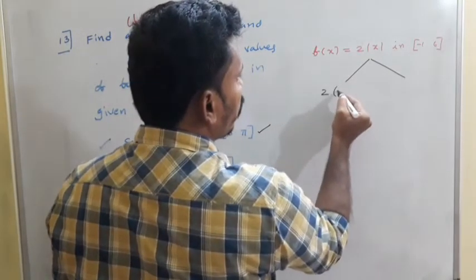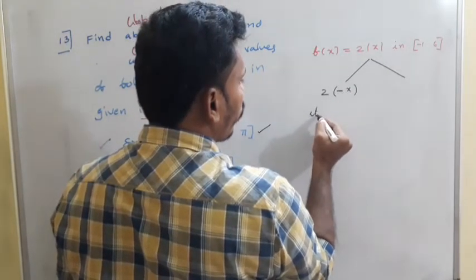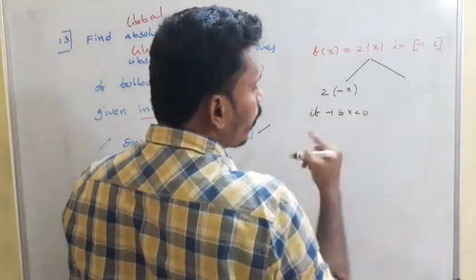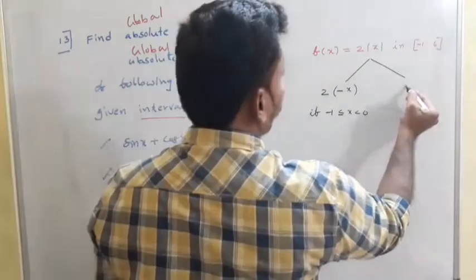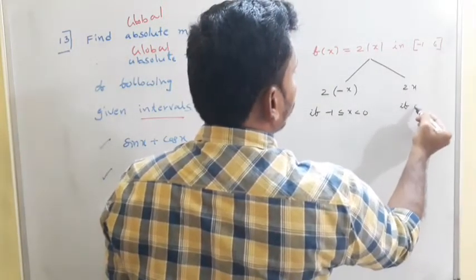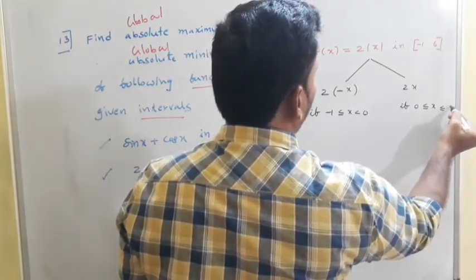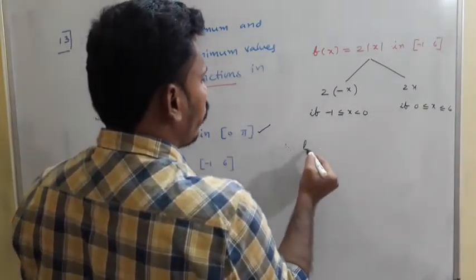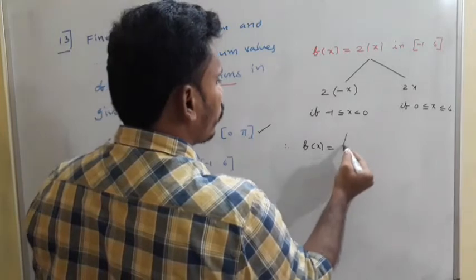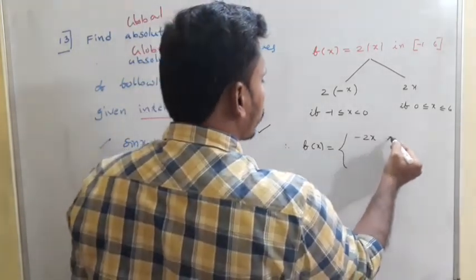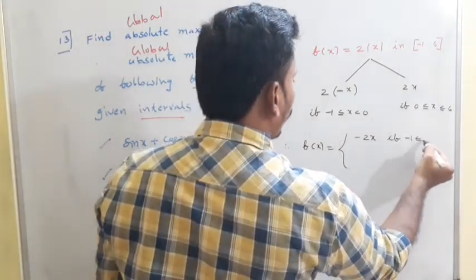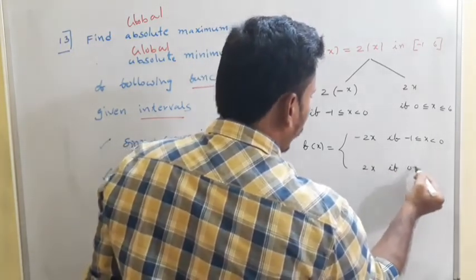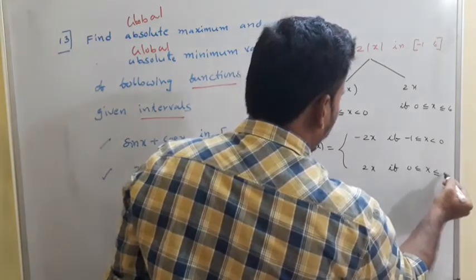So 2 into modulus of x is minus 2x if minus 1 is less than or equal to x less than 0, and 2x if 0 is less than or equal to x less than or equal to 6. Therefore f of x equals minus 2x if minus 1 is less than or equal to x less than 0, and 2x if 0 is less than or equal to x less than or equal to 6.